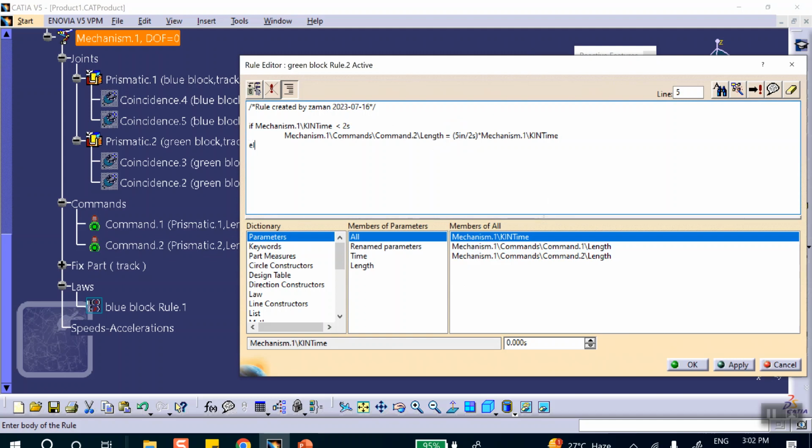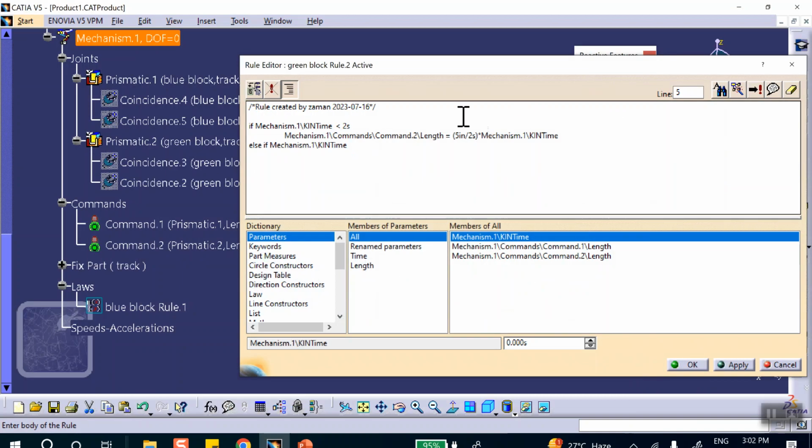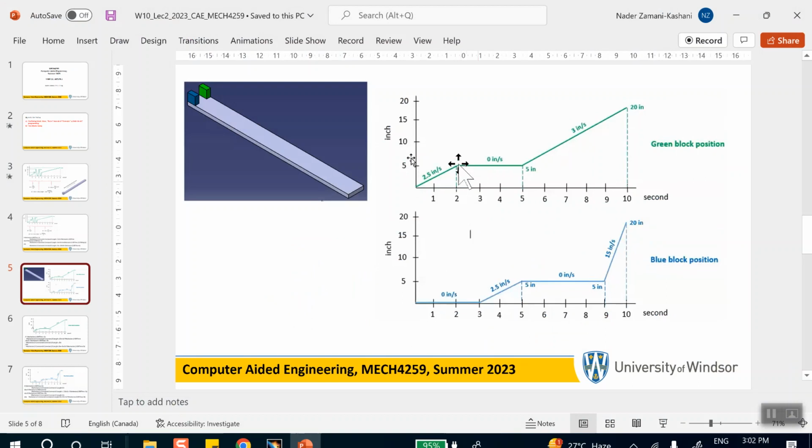else if time, else if, so else if time is less than 5 seconds, and then here is going to be 5 inches.